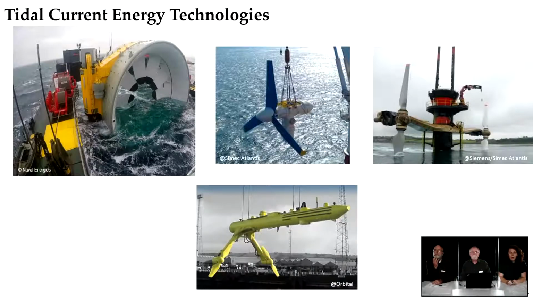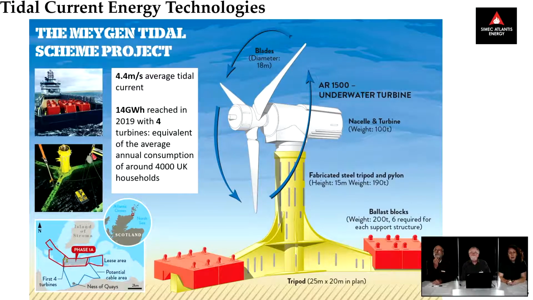So now we are going to Europe, in Scotland, where SIMEC Atlantis installed four turbines of 18 meters at the bottom of the sea in Scotland. Each turbine is on a foundation with a weight of 200 tons and with six ballast blocks to provide horizontal stability.